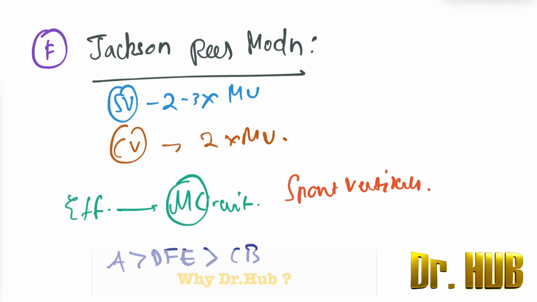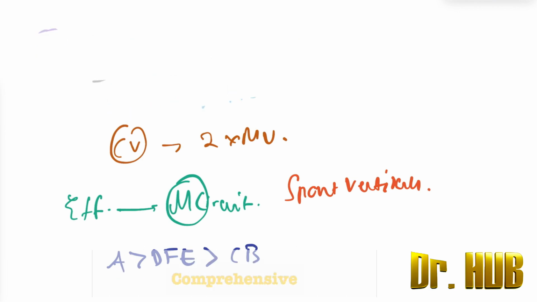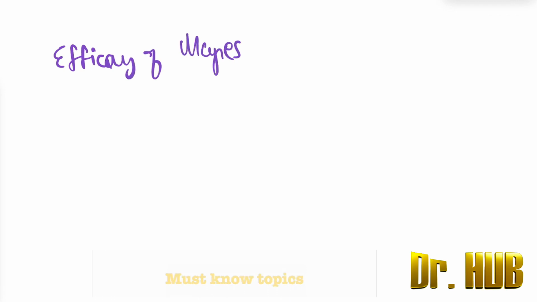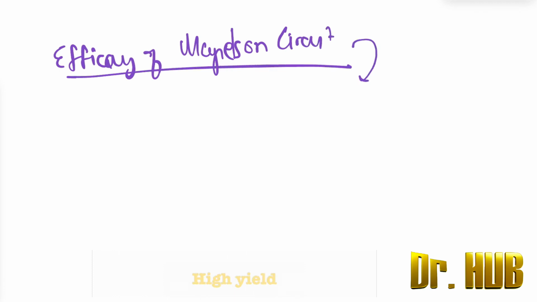Then we look at another hierarchy, that is the efficacy of the Mapleson circuit in controlled ventilation.